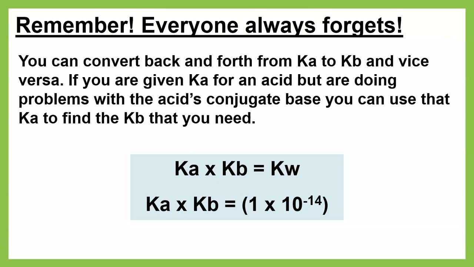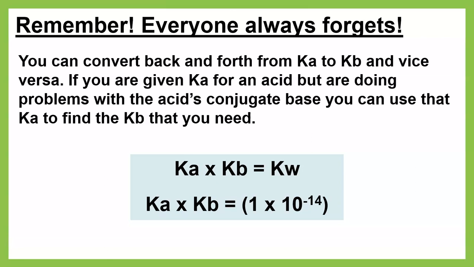Now remember that this is temperature specific. If you change your temperature, you can't use the same numbers here. But the good thing is very few problems would ever be at strange temperatures. And if they are, they're going to give you enough information to act accordingly.